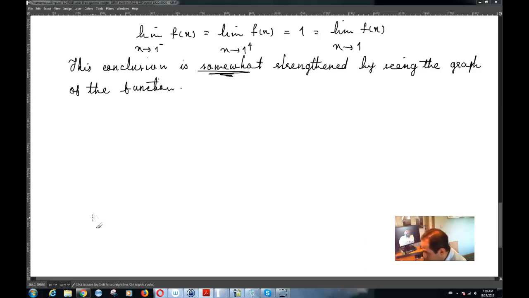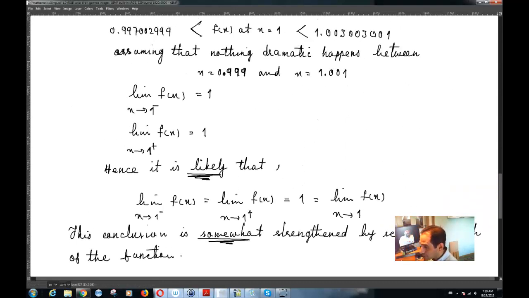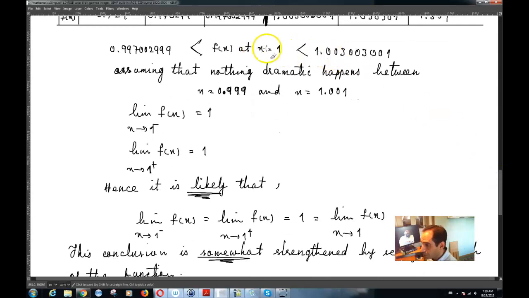Okay, so now everything that we said over here about this illustration, for example, we said that we can deduce that the value of f of x is between these two values if we assume that nothing dramatic happens between these two values, which is something that needs to be taken care of later.